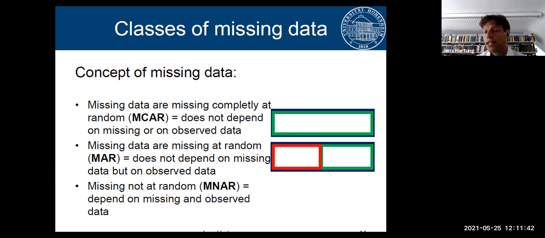If it depends on the observed data, maybe due to selection, then we say that the missing data pattern is missing at random. And if we drop the data because of something we would observe, so it depends on the missing data too, as well as on the observed data, we call this informative missing.